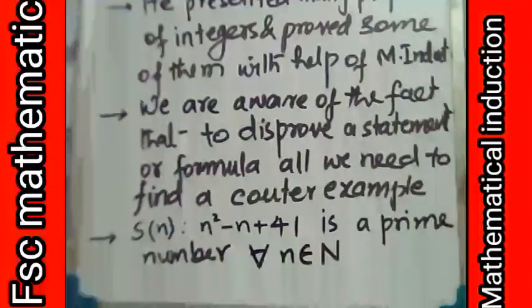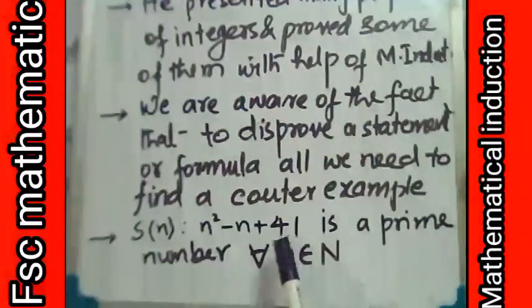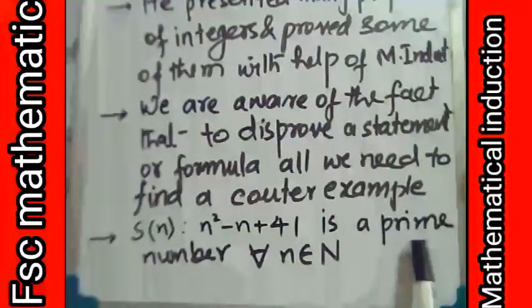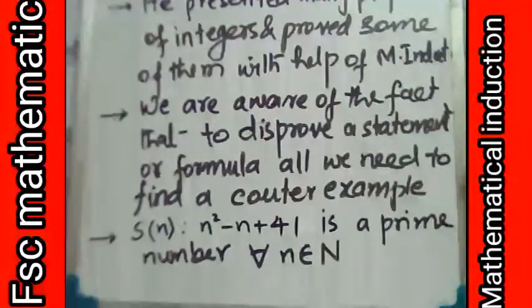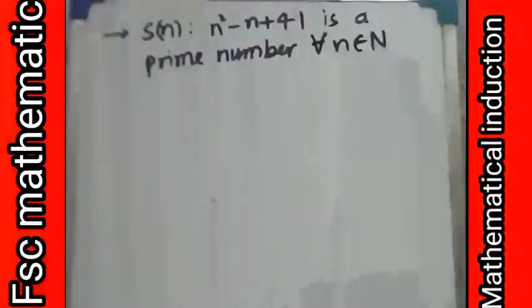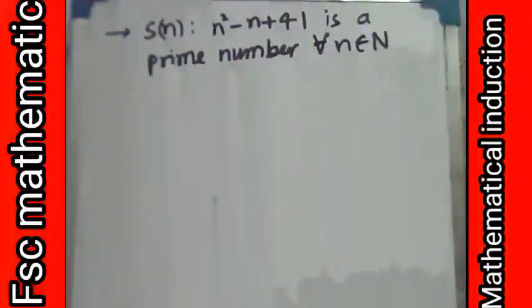It means whenever we substitute a natural number, this formula n square minus n plus 41 will give us a prime number as output. This will help us to know why we are using mathematical induction.